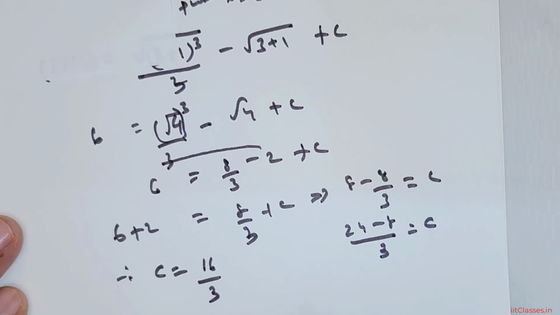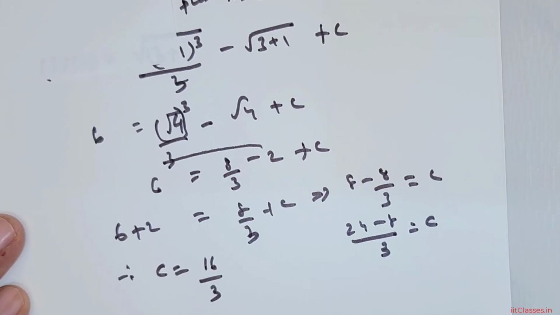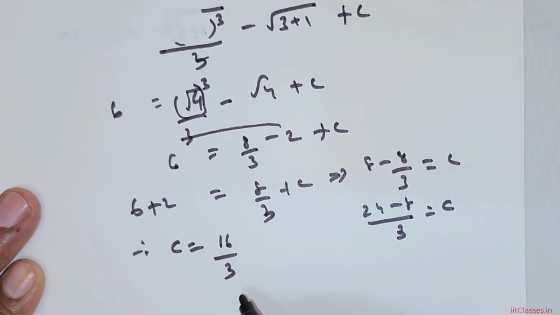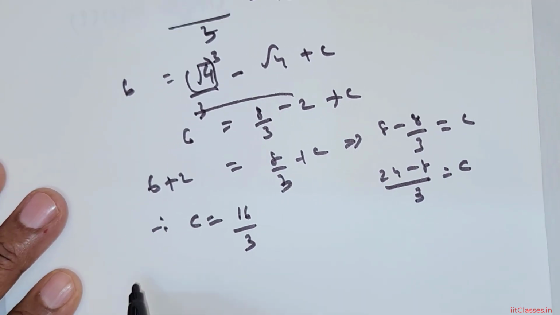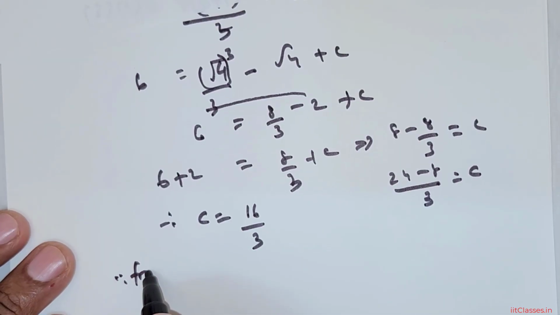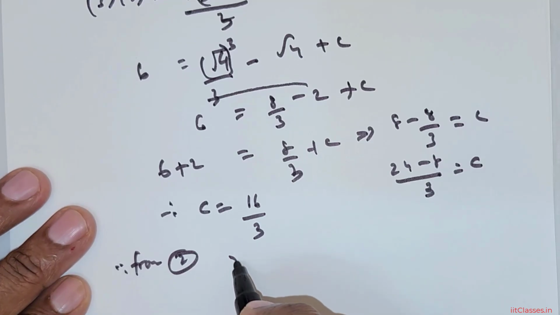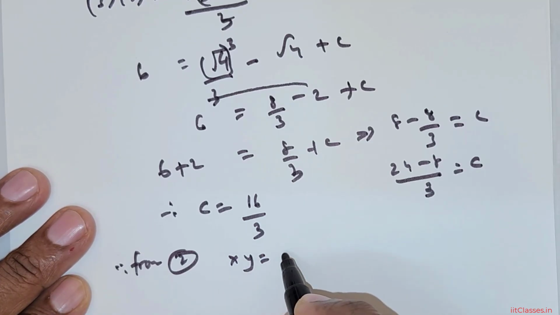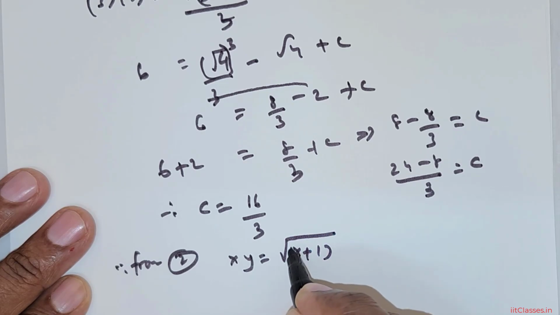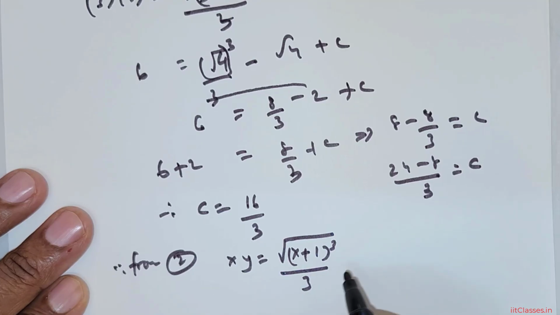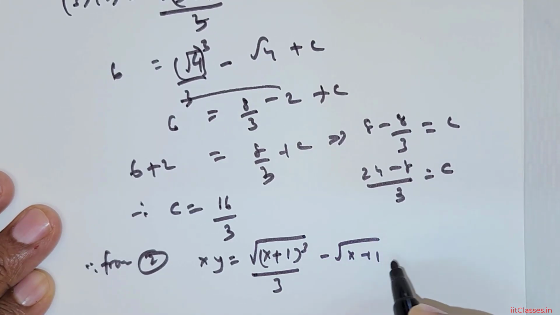So once you get the c value, you can go and substitute it in the function. So what is the function from 2? We know from 2, x times y is equal to root of x positive 1 raised to the power of 3 divided by 3 negative root of x positive 1.